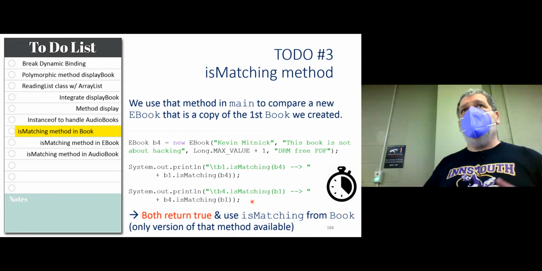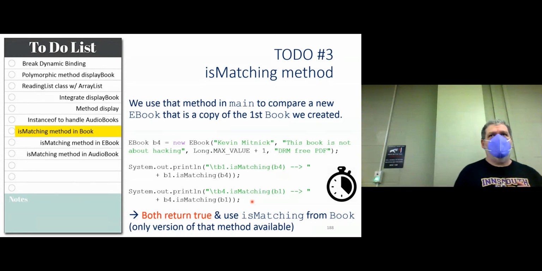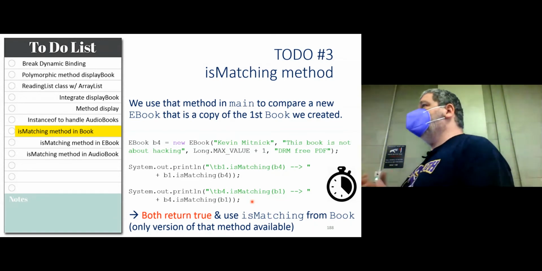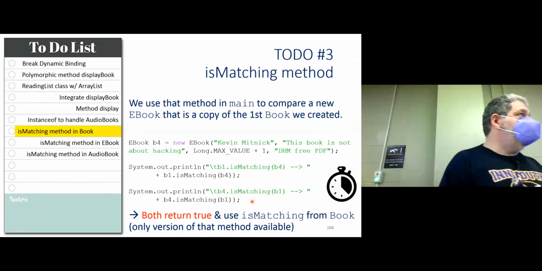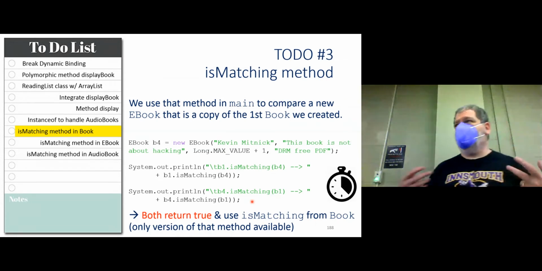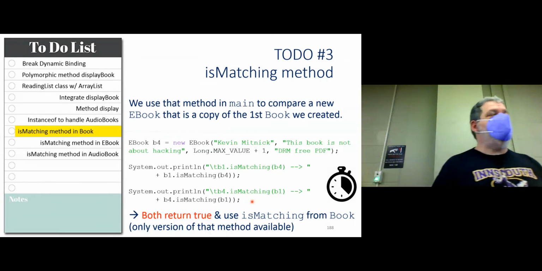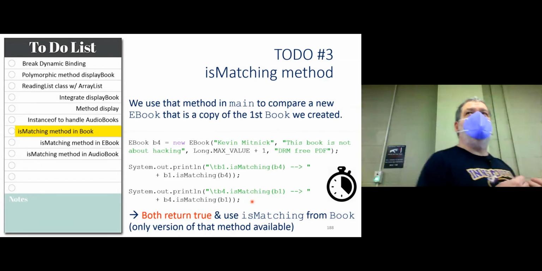Okay? As a matter of fact, we are going to play with the implementation of isMatching to show exactly what are the consequences of using overloading, for example, and then using overriding. So we are going to introduce an overridden version and an overloaded version of isMatching in the subclass, and then we are going to see how it changes the definition of what it means to be matching.